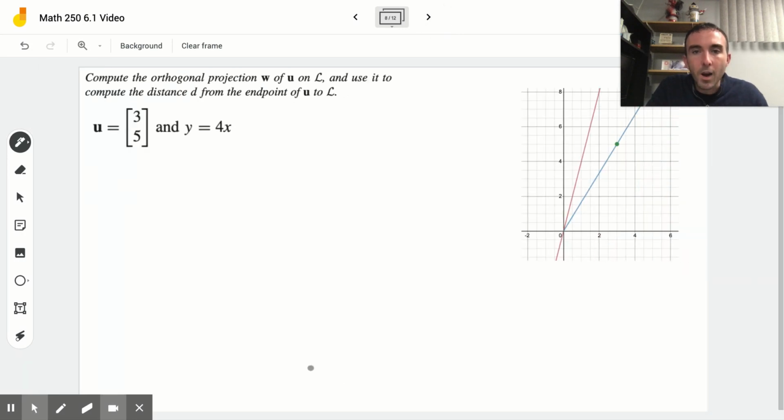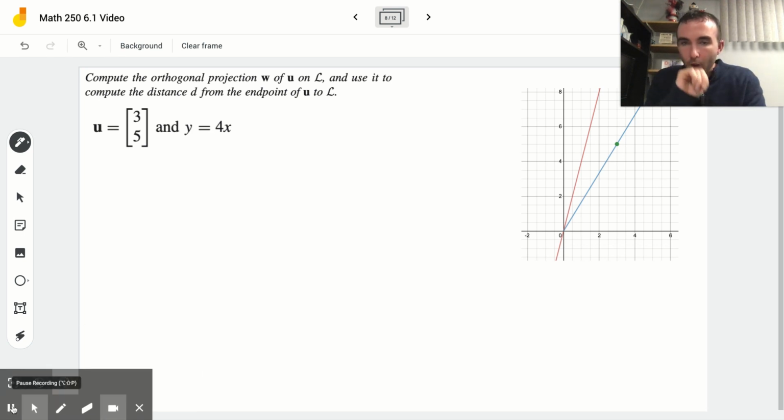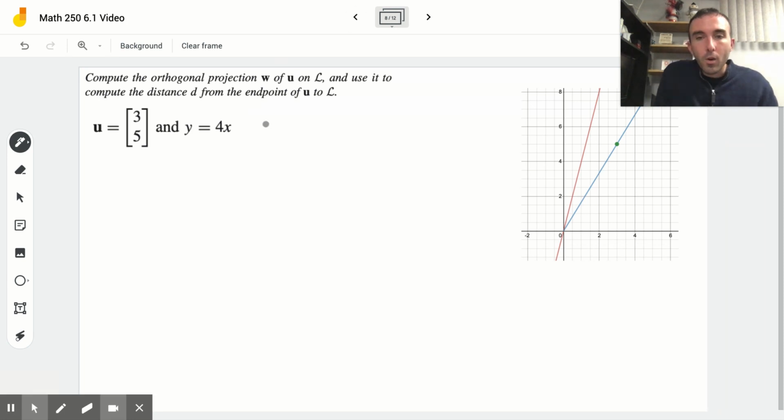Compute the orthogonal projection W of vector U on L, and use it to compute the distance D from the endpoint of vector U to line L. So for this problem, we are going to work this out numerically and determine the orthogonal projection as well as the distance.